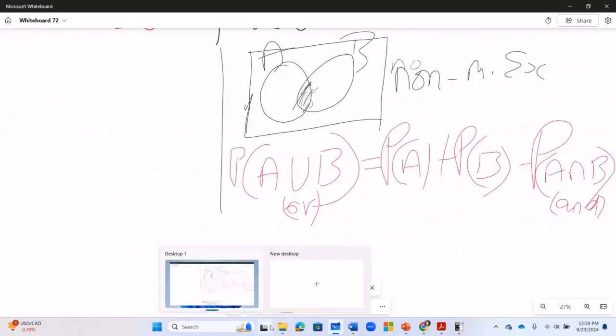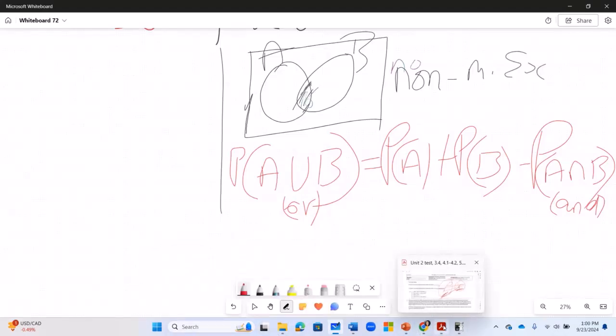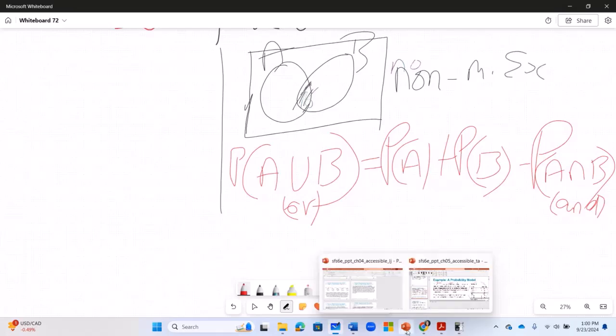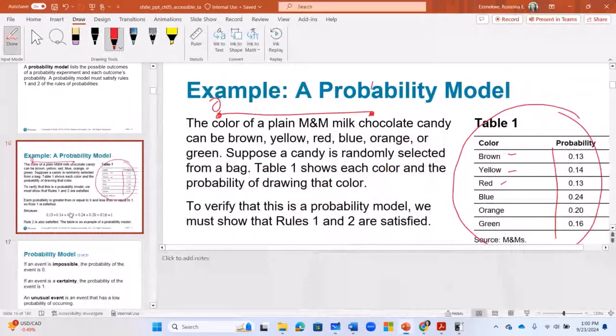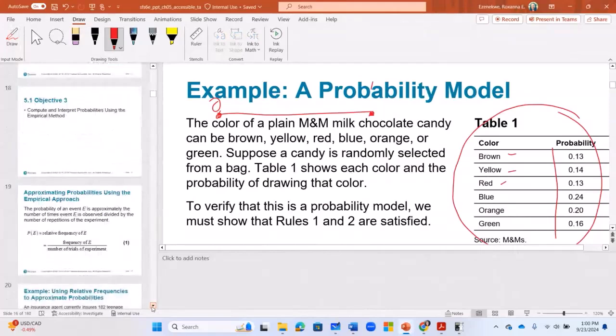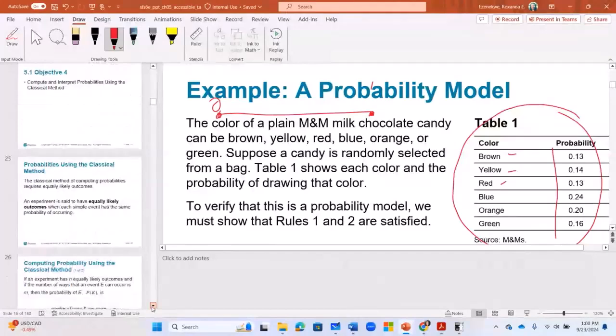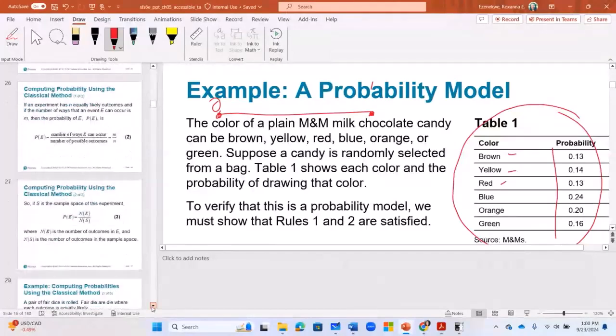So we did probability rules, and we used the table to show an example. So let me see if there's a quick example in chapter 5. Let me see if there's a Venn diagram we can use. If not, I'll use my own Venn diagram.